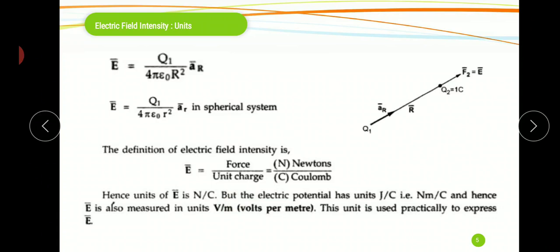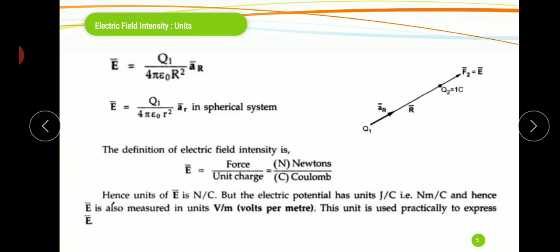But electric potential has units joule per coulomb, so E bar is also expressed in terms of volt per meter. Generally, electric field intensity units are practically expressed in volt per meter. So this is about the units of electric field intensity and also its direction.